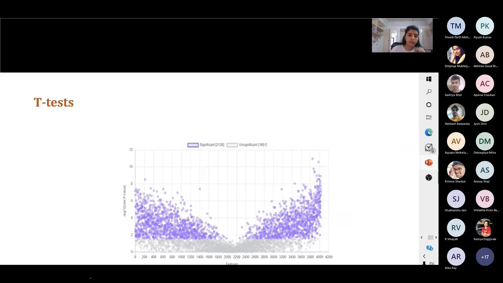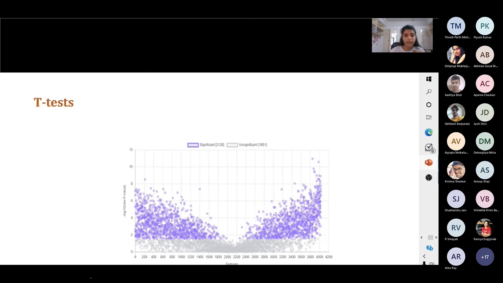The next step was the t-test. The t-test was performed with a p-value threshold of 0.05, and I observed that about 228 proteins were significantly up and 1901 proteins were insignificant.